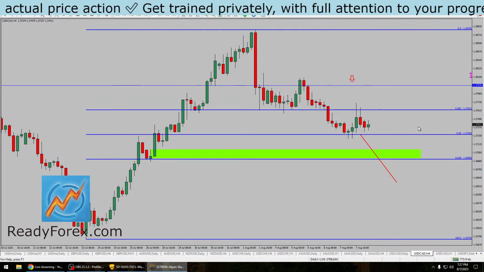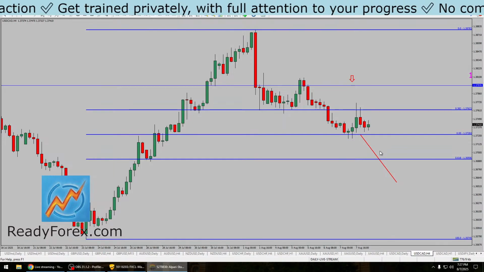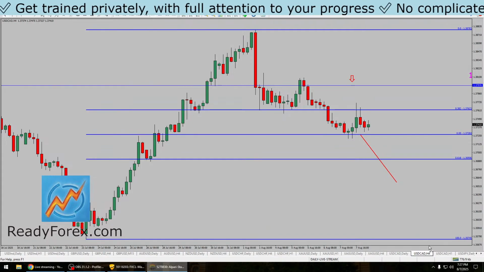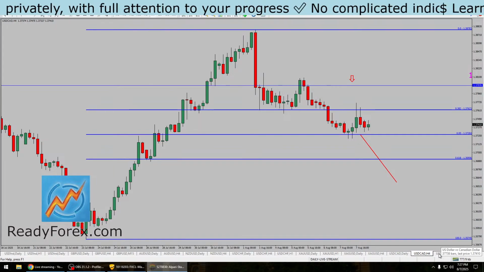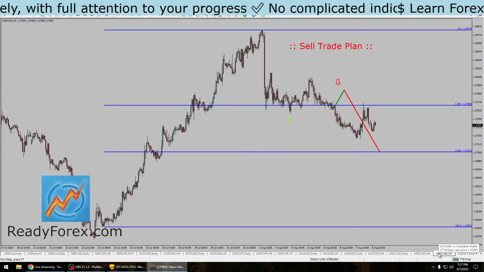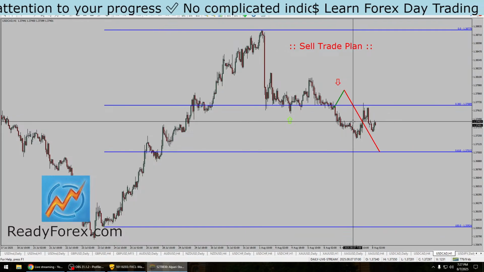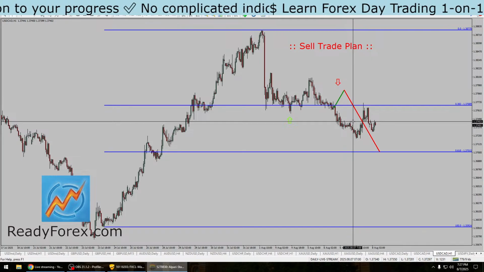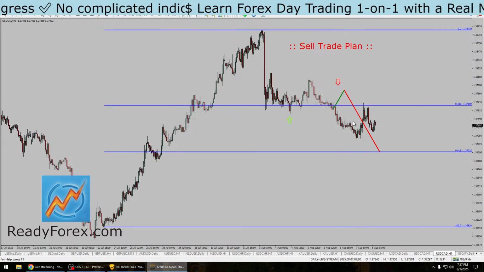I'm going to delete these green color boxes. So my forecast is bearish, and if you take a look at a 1 hour time frame of the US dollar versus Canadian dollar currency pair, this was kind of a breakout right over here, but I don't think this breakout is going to work.